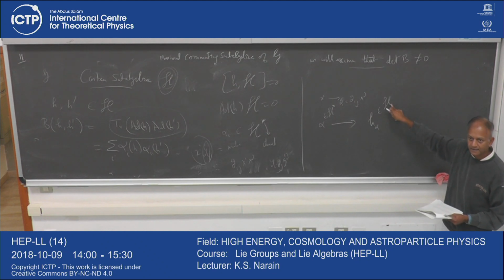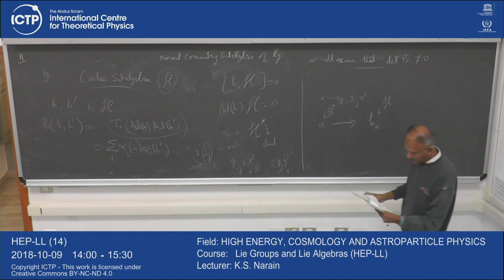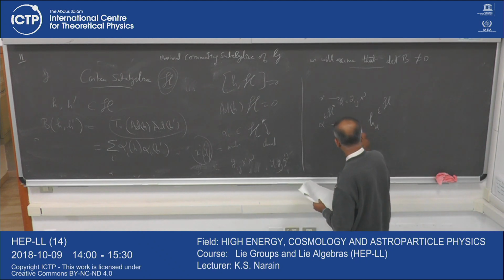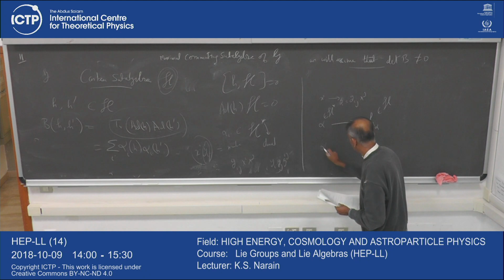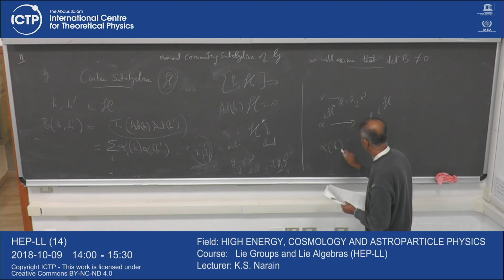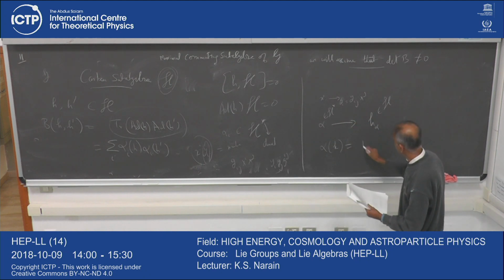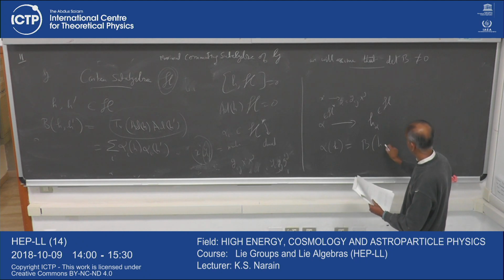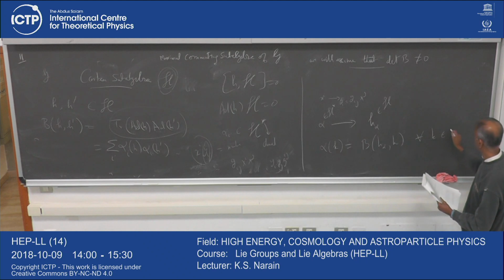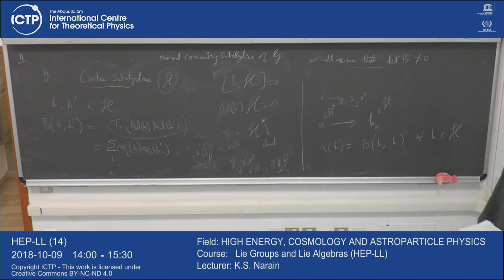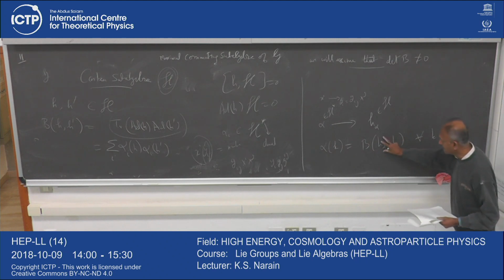And the way you would define it is the following. This is defined through this equation: alpha of k is equal to B(h_alpha, k) for all k in h. Okay. So h_alpha is that element.